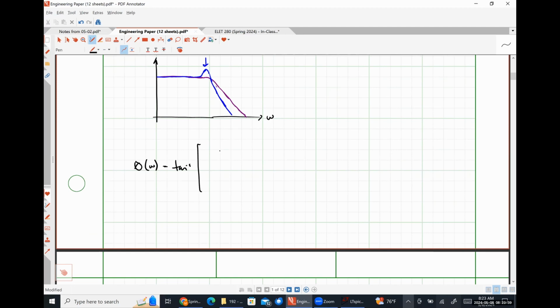So that's going to look like negative omega RC over 1 minus omega squared LC squared plus omega RC squared, divided by 1 minus omega squared LC, divided by that exact same denominator, 1 minus omega squared LC squared plus omega RC squared.